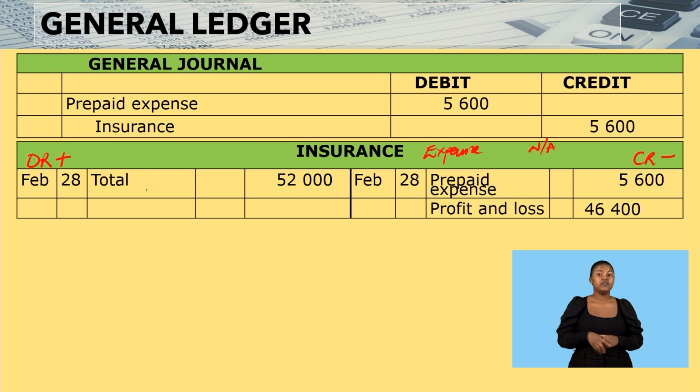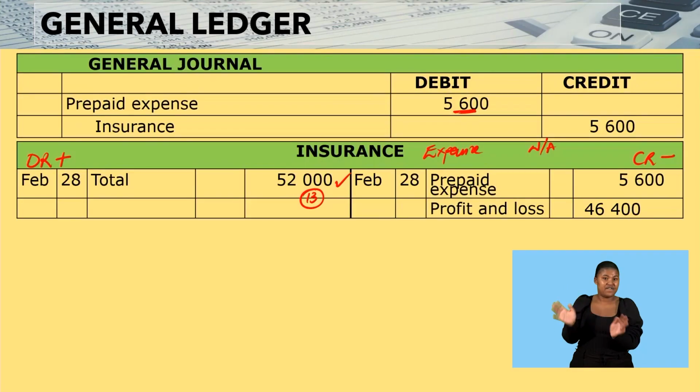Here is a total. This is what we have paid for the 13 months: 52,000. However, in our financial statements, we need to show only 12 months, for one financial period. That tells us there's an amount which was prepaid.